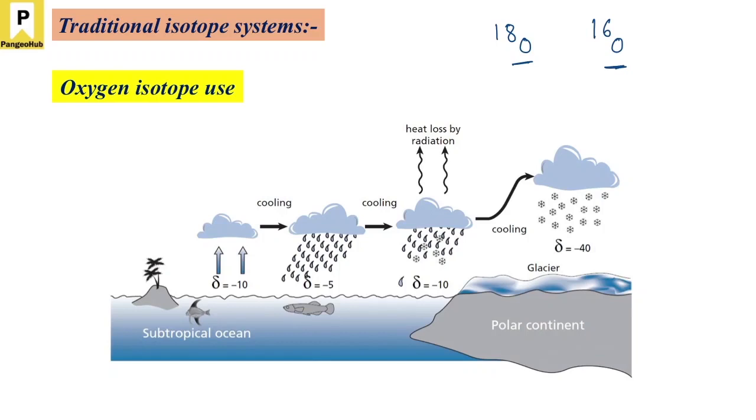So whenever evaporation occurs, what happens? It takes a higher amount of lighter isotopes, leaving behind the heavy. So when evaporation occurs, a larger amount of the lighter 16O will go into the vapor, leaving behind the 18O in here.